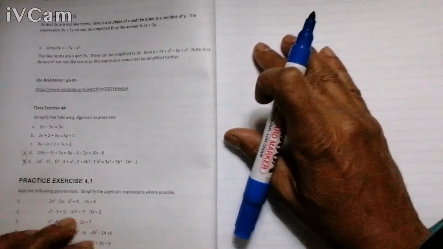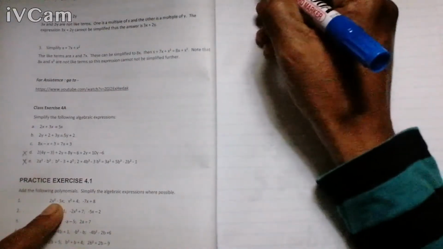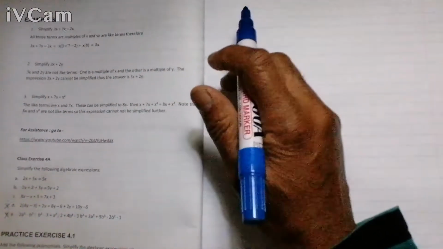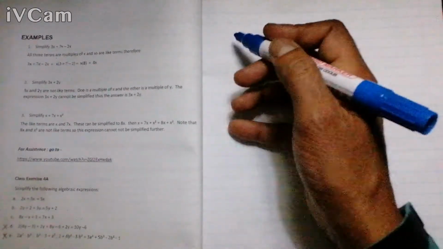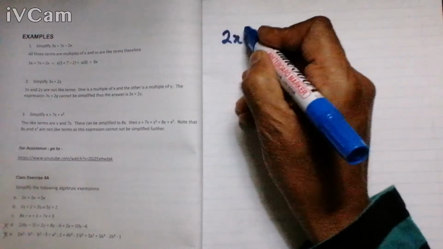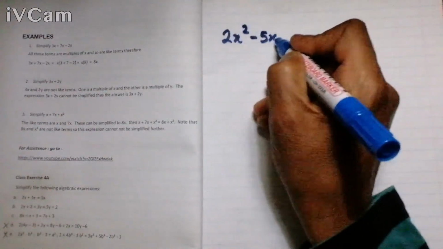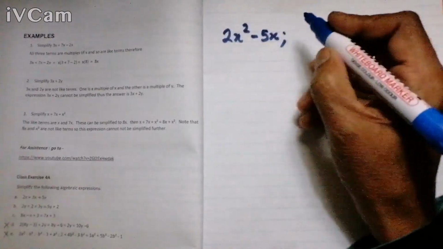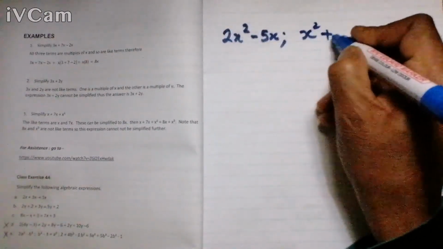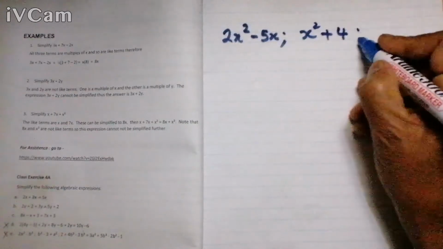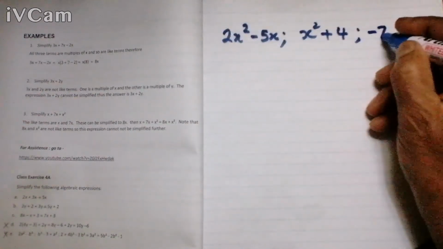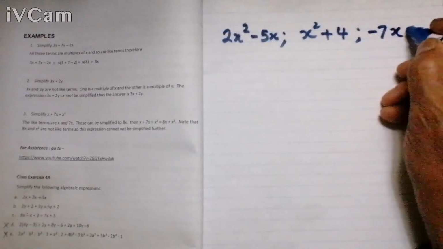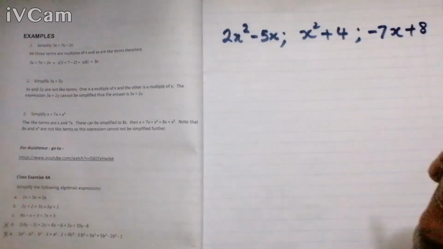Now this particular section here has to do with adding of polynomials. All right, and what is given there is a list of 3 polynomials in number 1. So if we had to copy down those polynomials, you have 2x squared minus 5x, and you have another one which is x squared plus 4, and you have another one which is minus 7x plus 8.